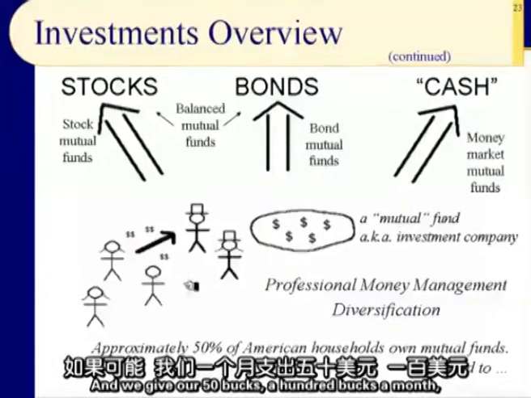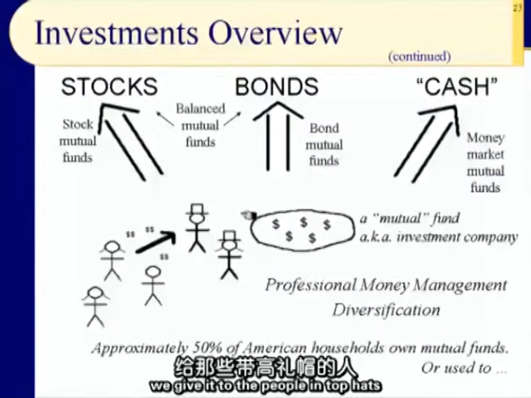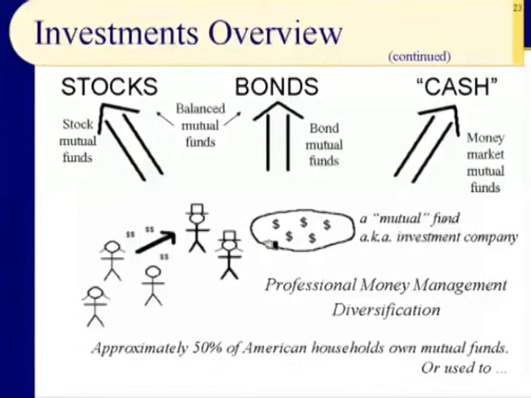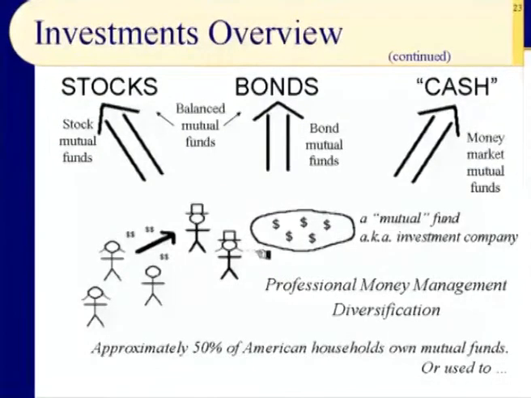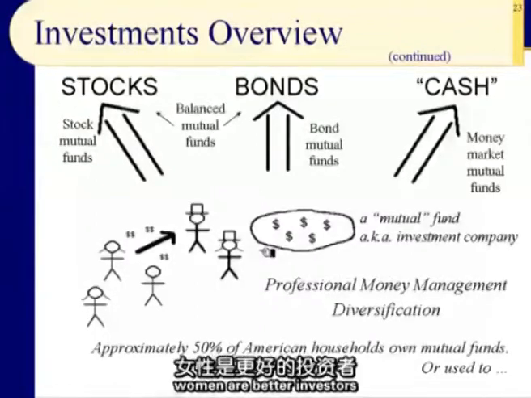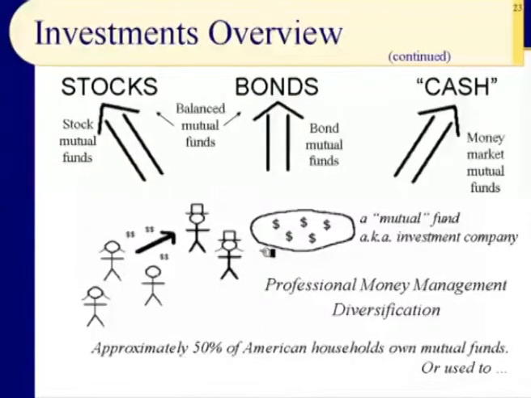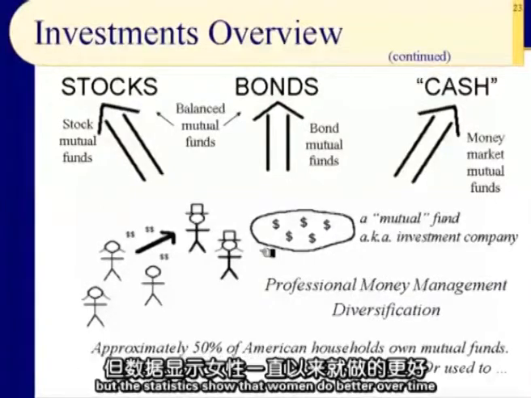And we give our $50, $100 a month, or more money if we have it, and we give it to the people in the top hats. They're the mutual fund managers, and more of them are women, folks. Yeah, women, right? Because it turns out, it's already been statistically shown, women are better investors. Why is that? Well, there are many reasons people put forth, but the statistics show that women do better over time.